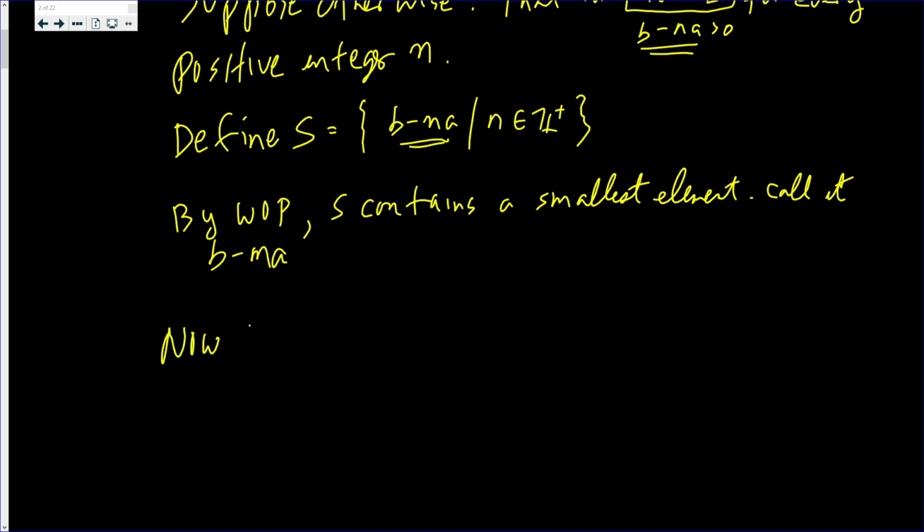Now, b minus (m plus 1)a, well, this is b minus a positive integer times a. This is in S.